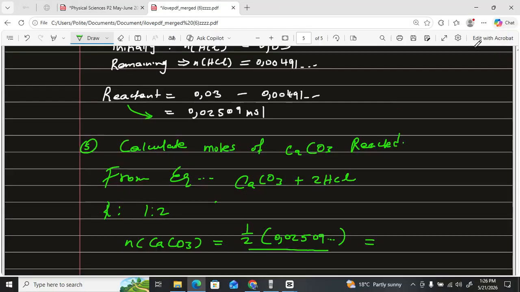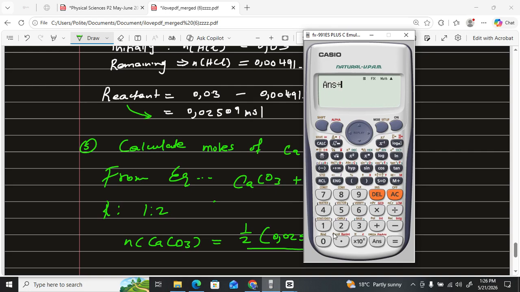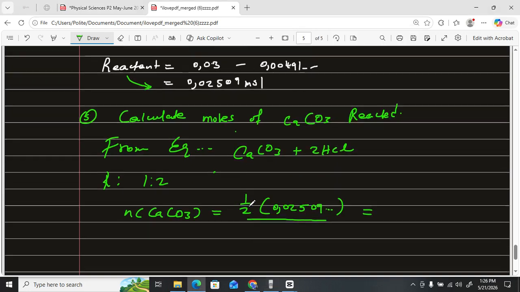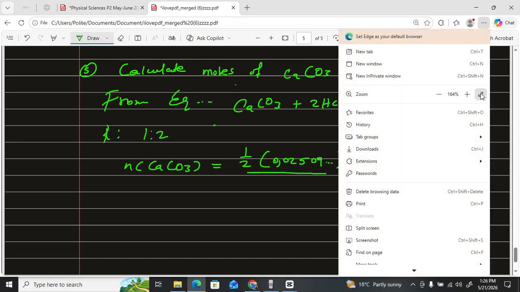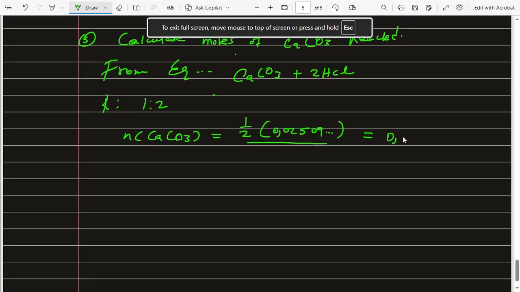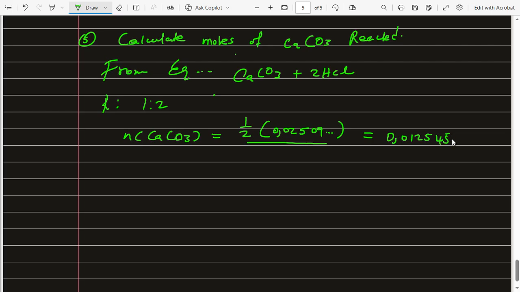Just going to my calculator and dividing by 2, because it's half, which gives us 0.012545 mole. So this is the number of moles of CaCO3 reacted, which equals 0.012545 mole.